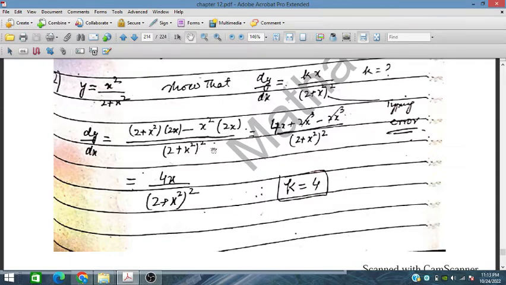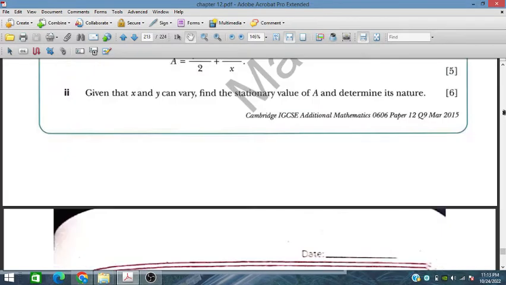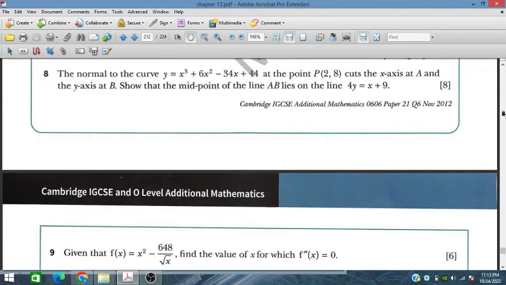We have obtained 2x squared times 2x minus x squared times 2x over (2 plus x squared) squared, and this is 4x upon (2 plus x squared) squared. So here we have k is equal to 4.